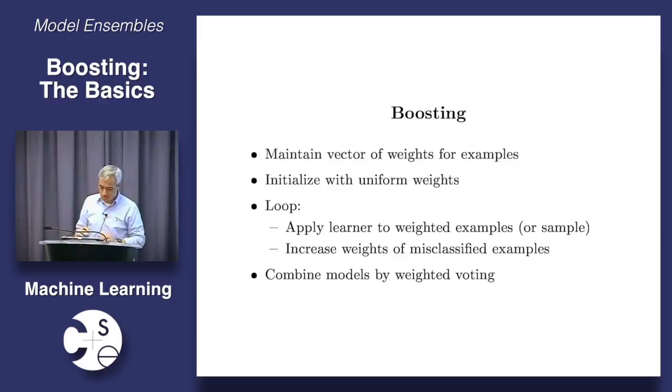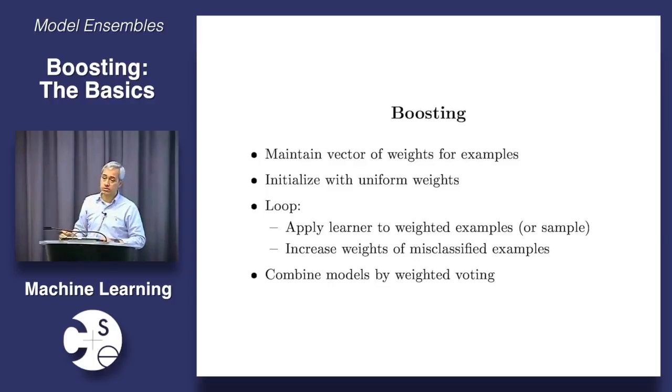So what is each round? You apply your learner to the weighted examples. So you need a learner that can take in a set of examples and weights for the examples.